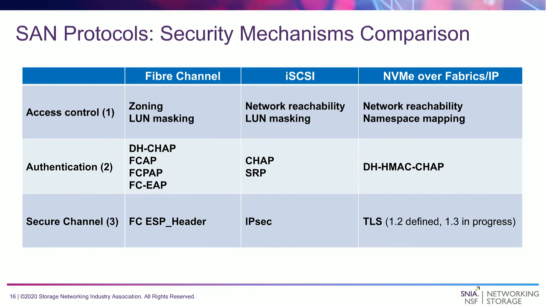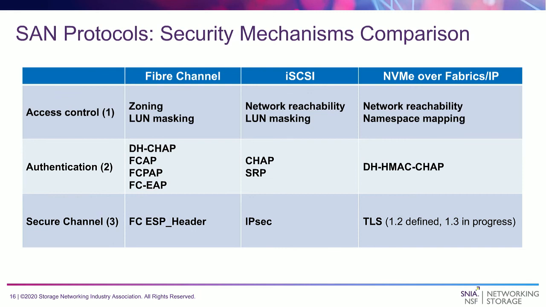In terms of authentication defined in a standard, we will describe later SPT, DHCHAP, FCAP, FCPAP, and PSEAP. They are all different authentication protocols based on different credentials, different documents.